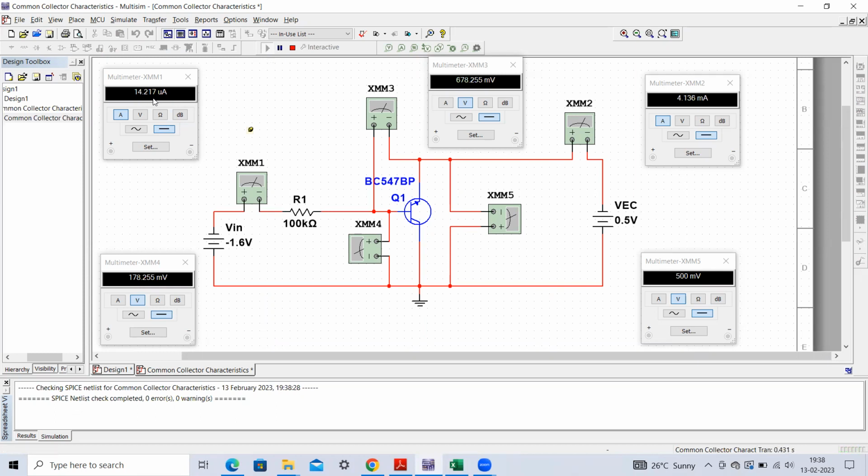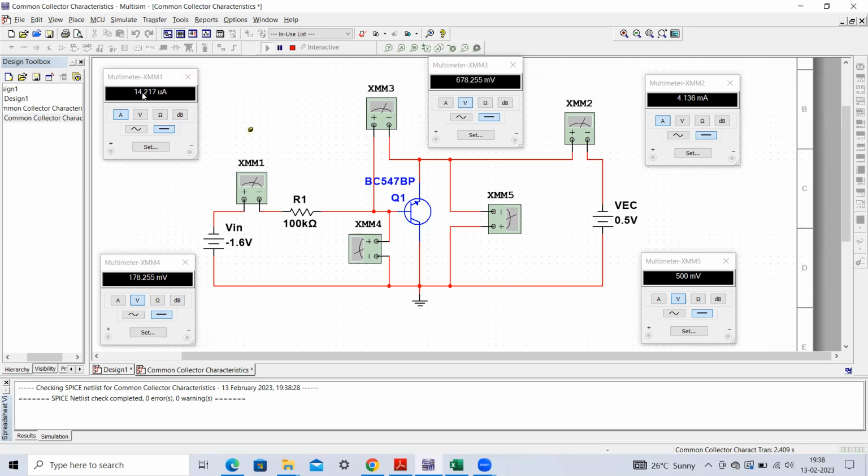It is 14.217 microamperes. You must be aware that the base current changes because of the base width modulation. Those who have studied the BJT must have understood what base width modulation is. So due to the base width modulation, this base current will change.